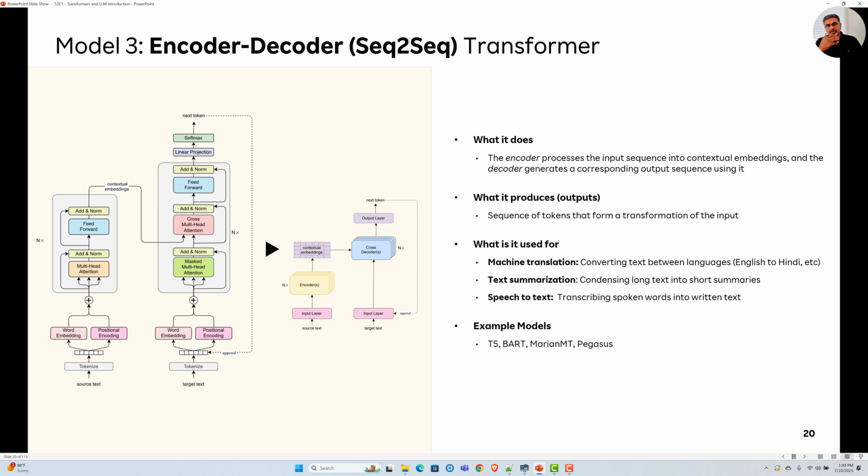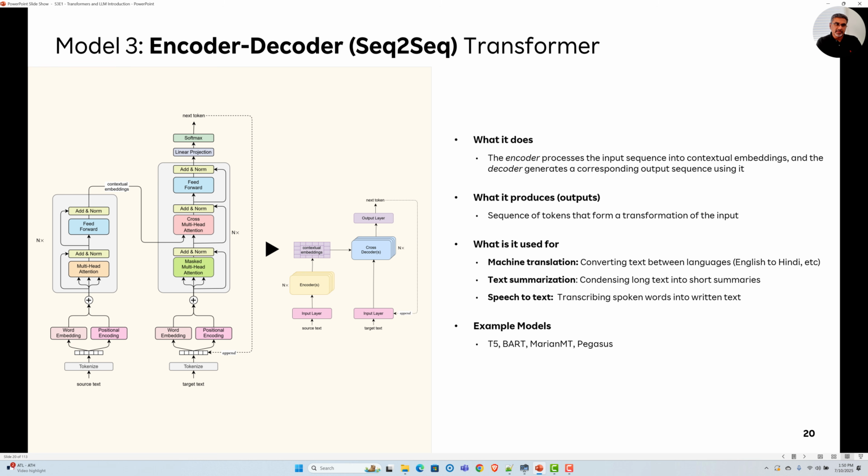And the third form of a transformer architecture is, as I said, where you can attach the encoder and a variant of the decoder so that you can take text from one language and convert it into text in a different language. It can be human language to another human language. For example, you give it an English sentence and it can convert it into Hindi or French or Telugu or whatever other human language, and vice versa. Or you can give it human language, and it will generate machine-readable text like source code.